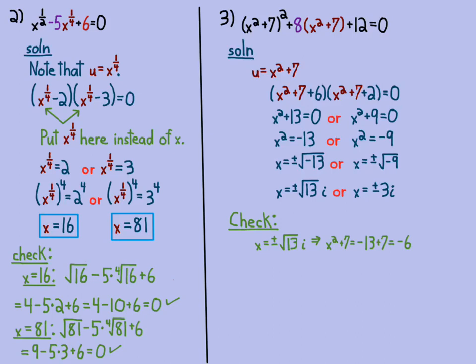So first I calculated u, and then I'll just plug in what u is. You see, u is x squared plus 7, so I just plugged my solution into x squared plus 7. I squared is minus 1, and the plus or minus square root of 13 squared is 13, so I got minus 13 plus 7, which is minus 6.